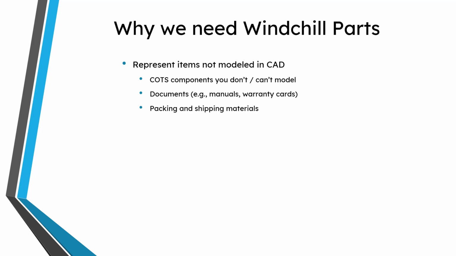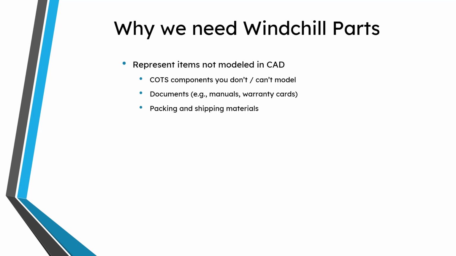So you can just add them into your product structures in Windchill using one of those WT parts, one of those gray gears. Also, a lot of times you want to have a representation of your product as it's going to be shipped to the customer.